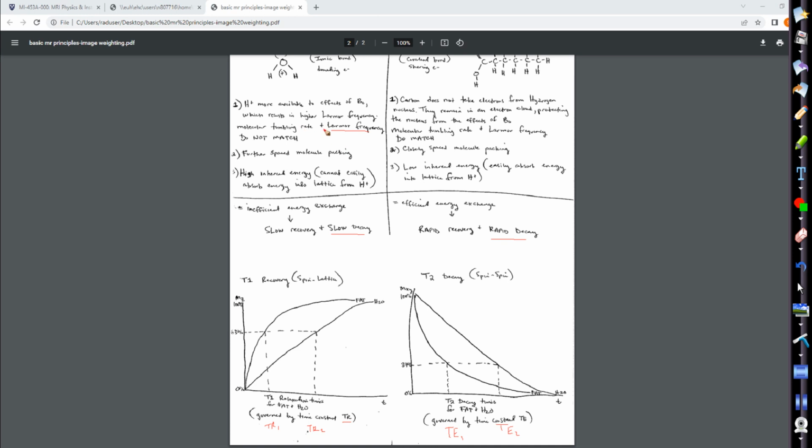So these two are really dealing with T1, and then this one being a further spaced molecule, that's really dealing with T2, because you can see here that the neighboring spins, and this is dealing with its lattice. Okay?